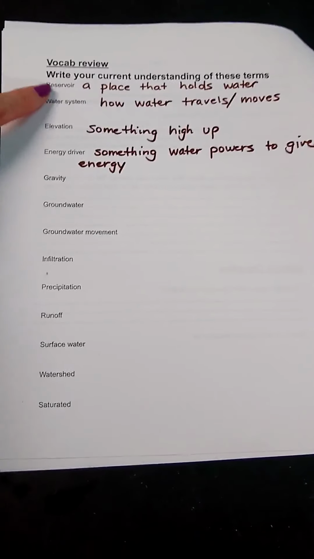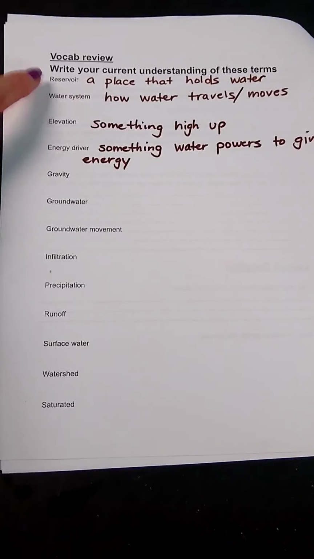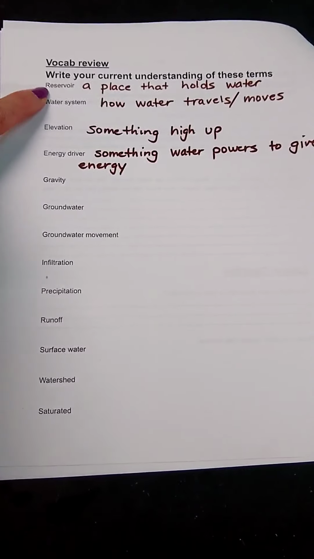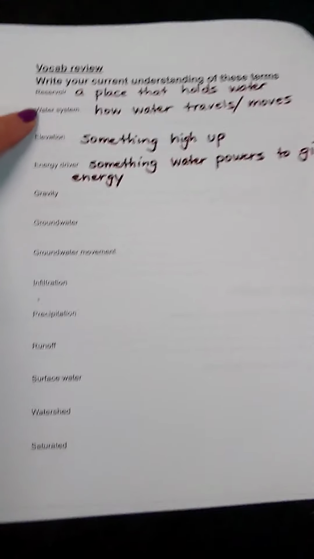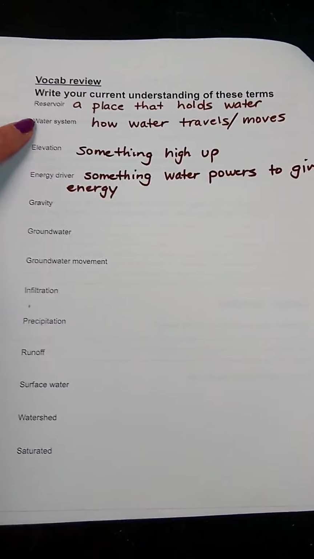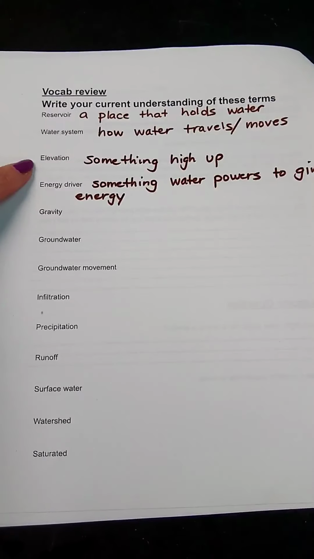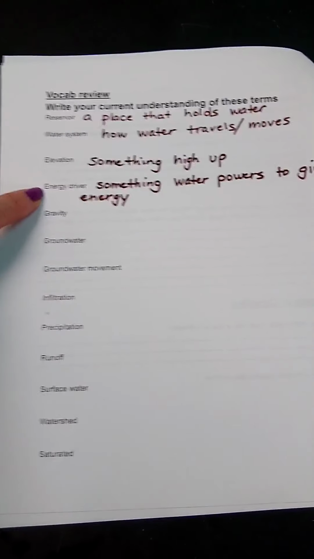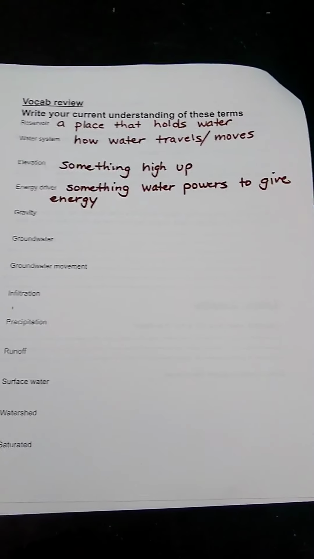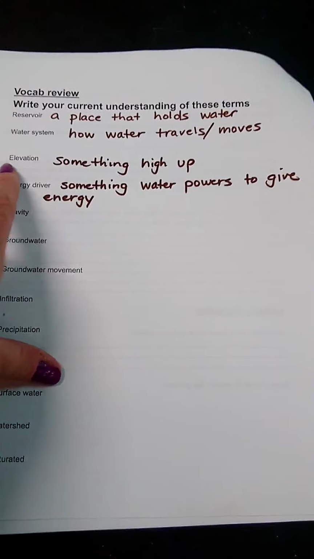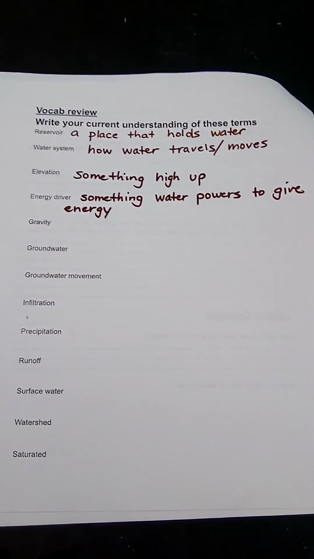So yesterday we went over reservoir and water system. We said that a reservoir is a place that holds water, and a water system is how water travels or moves. Now, in class, we did a couple of examples to work on them together. So for elevation and energy driver, somebody thought that elevation meant something up high, so we wrote that down as a good guess.